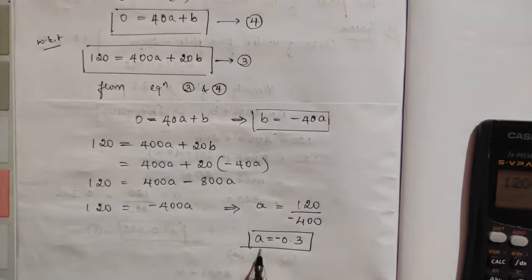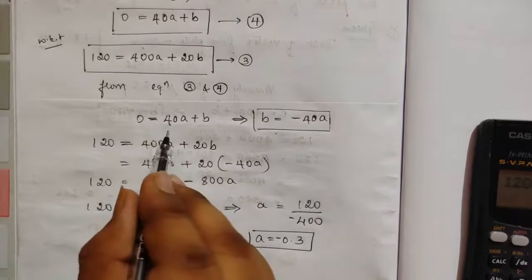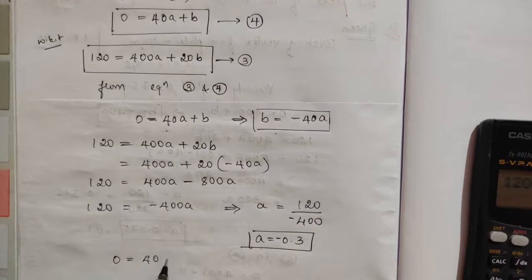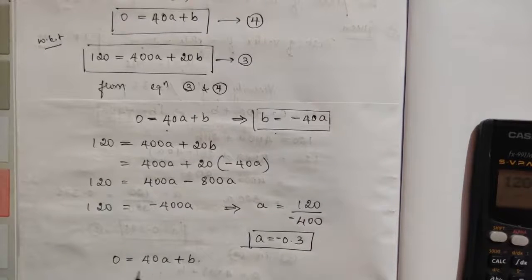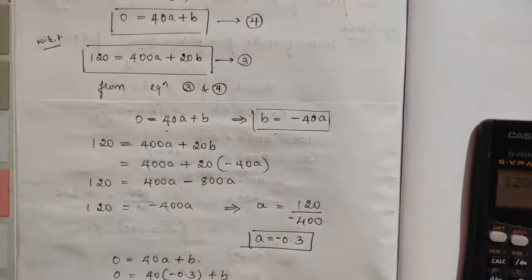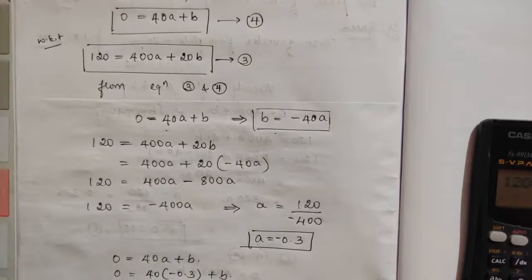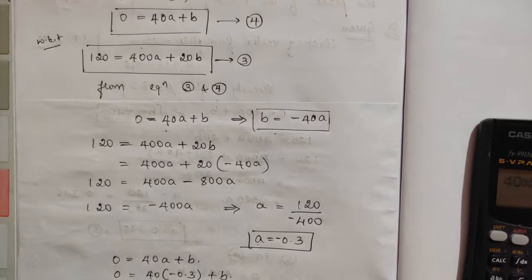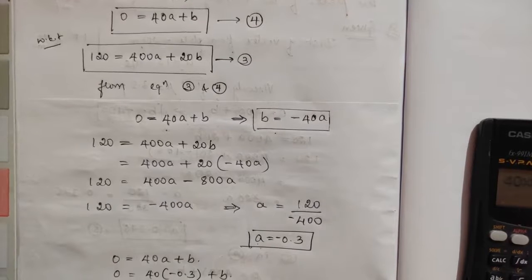So when I substitute this a is equal to minus 0.3 in this equation, 0 is equal to 40a plus b. Okay, in this equation I'll substitute the value of a. 0 is equal to 40 into minus 0.3 plus b. So 40 into 0.3 is nothing but 12, so 0 is equal to minus 12 plus b.